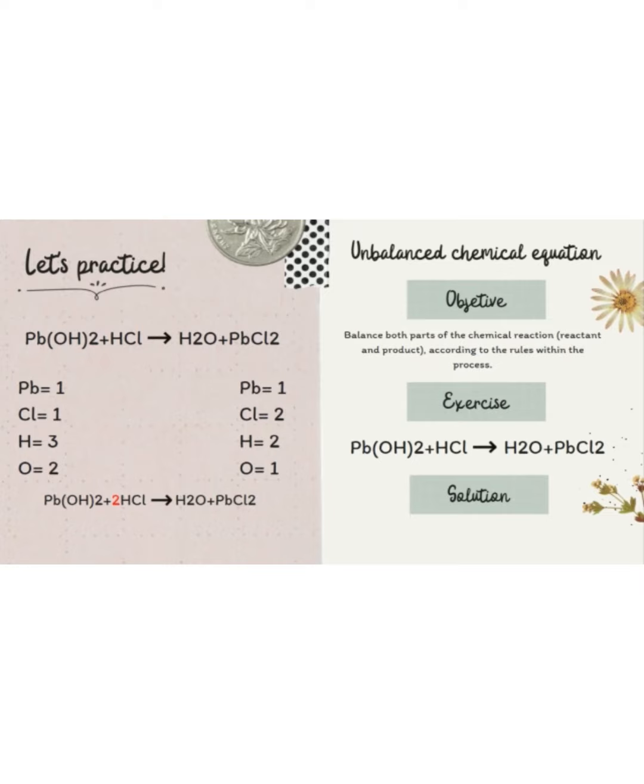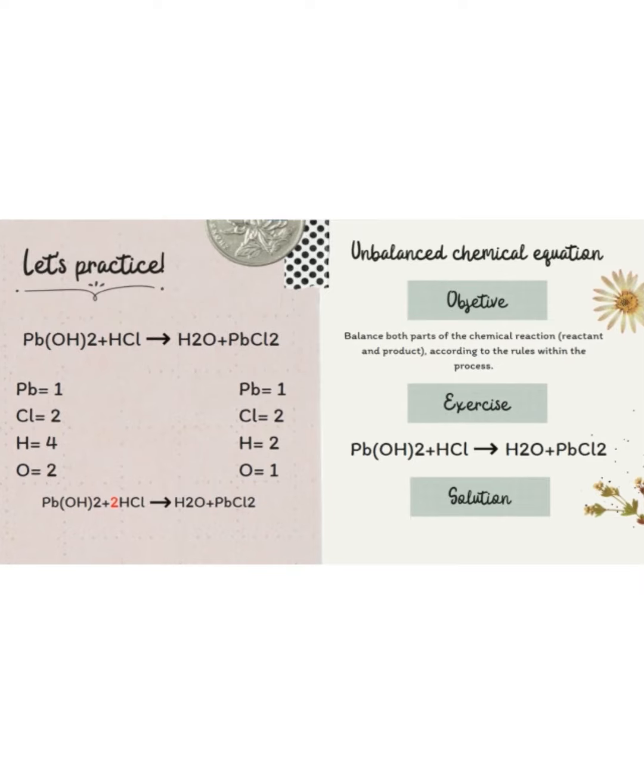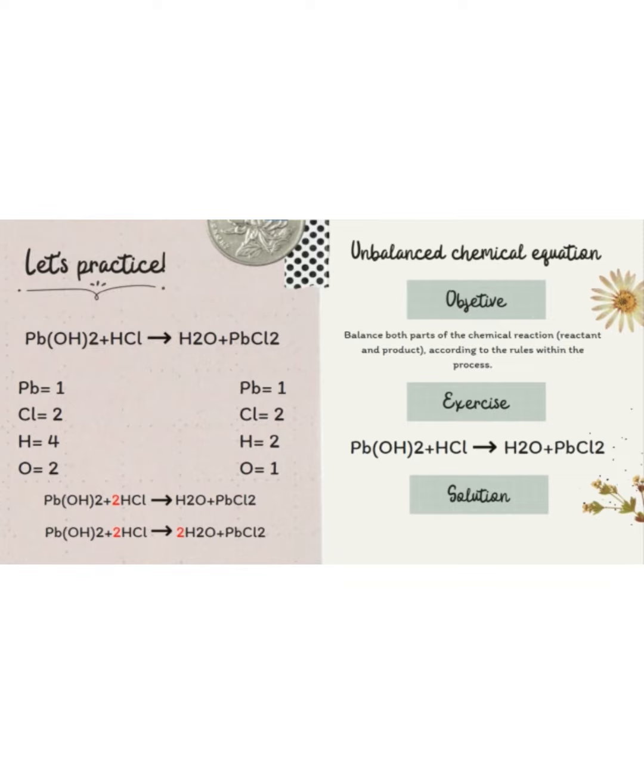Once added, we will change the numbers on the left side. To balance completely, we add 2 coefficients in the product, exactly next to the hydrogen and oxygen, and we change the numbers on the right side.